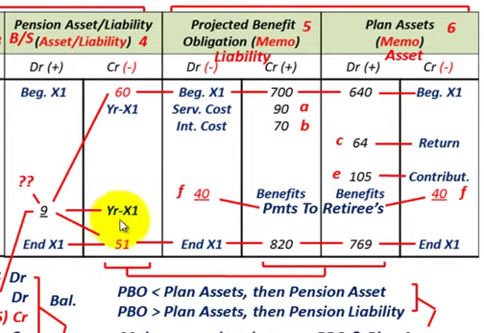So let's just look at the end of the year. End of the year would become next year's balance, remember. So remember, we started out here with a credit, or a reduction in our asset account, of $60,000, and that was really a result of the PBO, the pension benefit obligation, our liability, being greater than our plan assets.